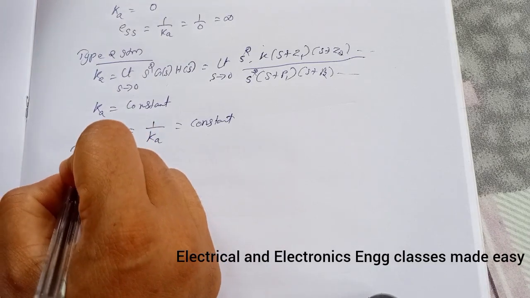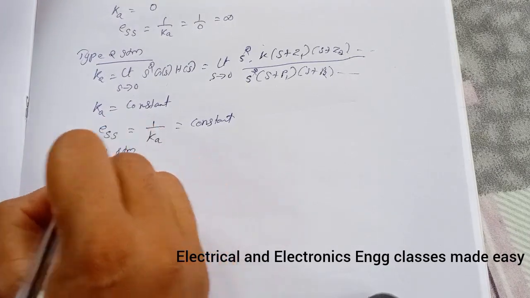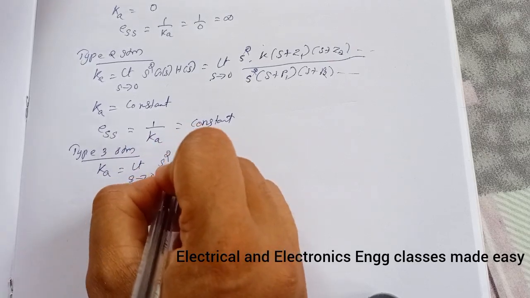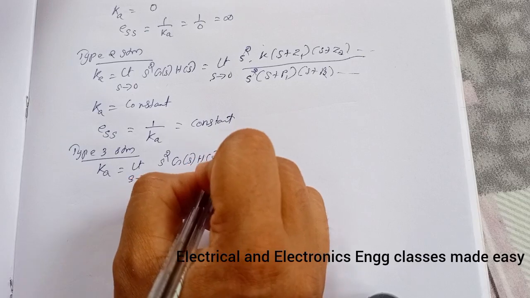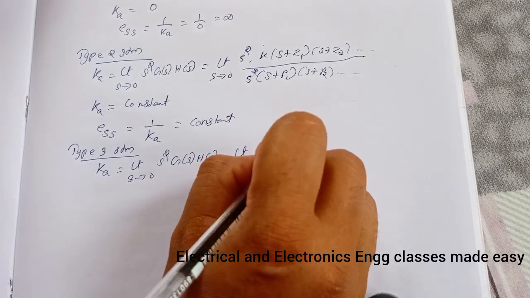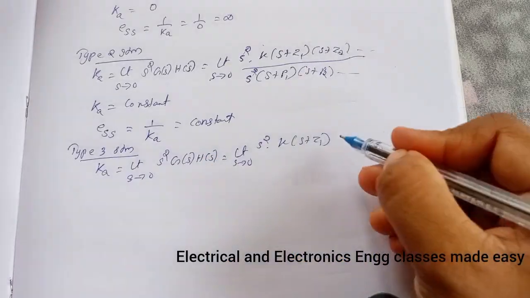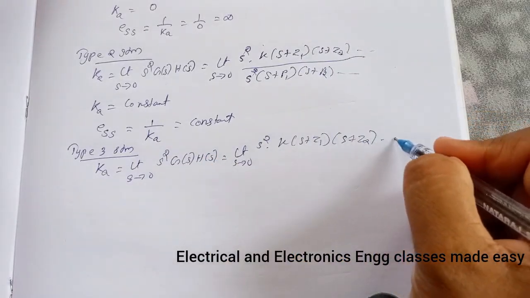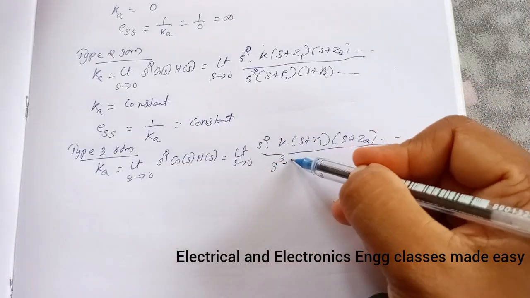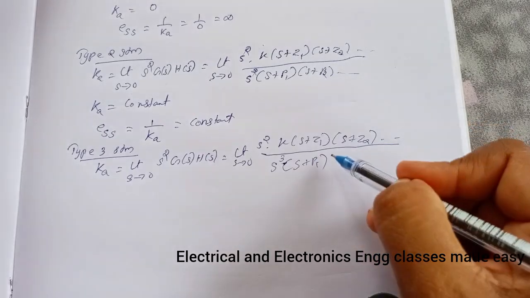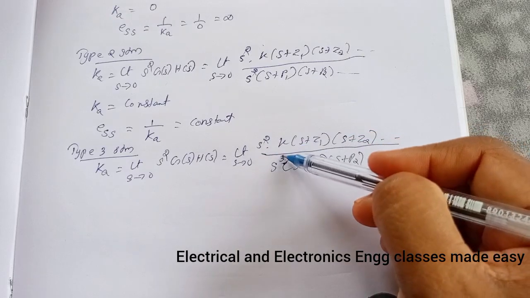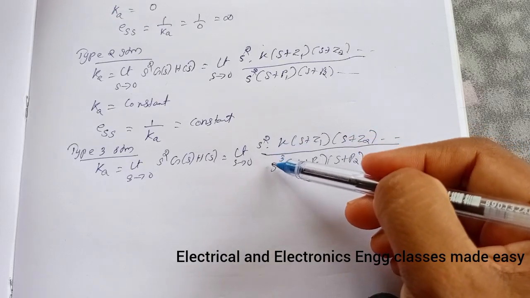Now for the type 3 system we have Ka is equal to limit s tends to 0 s square G of s H of s, and that is equal to limit s tends to 0 s square into K into (s plus z1) into (s plus z2) into etc. divided by, for type 3 system there will be s cube into (s plus p1) into (s plus p2) into etc. So here this s square gets cancelled, but there will be 1 divided by s here.